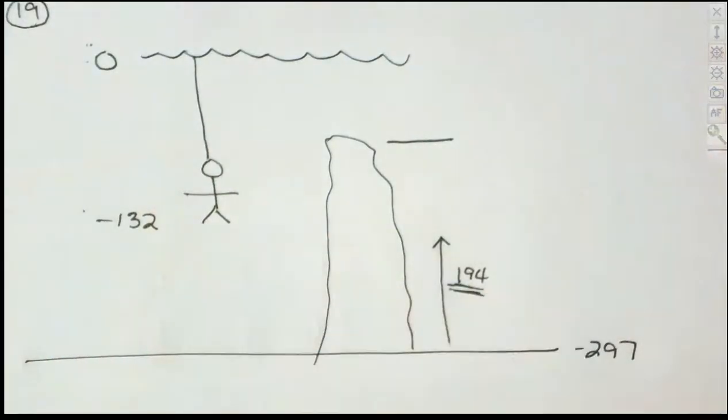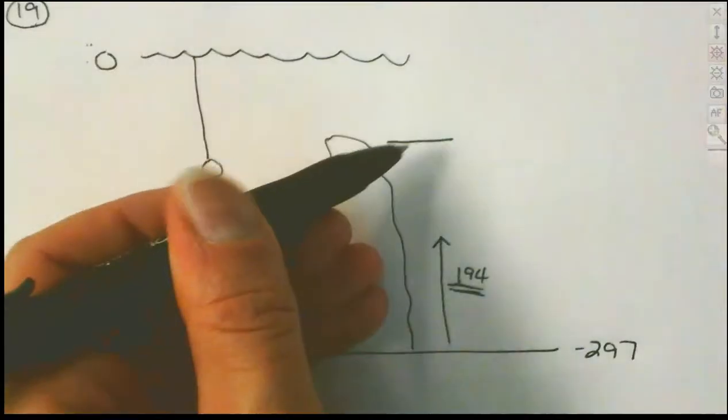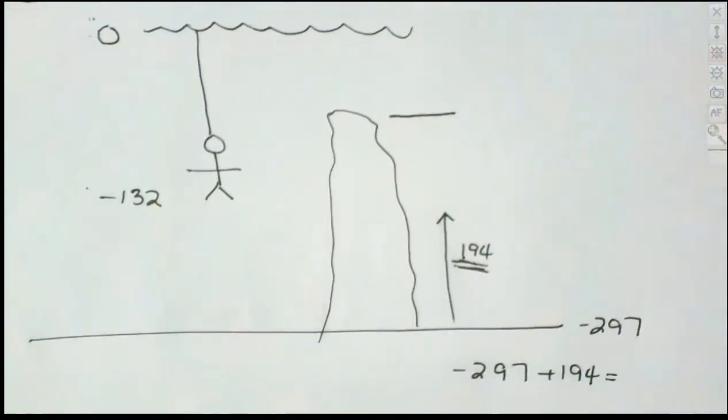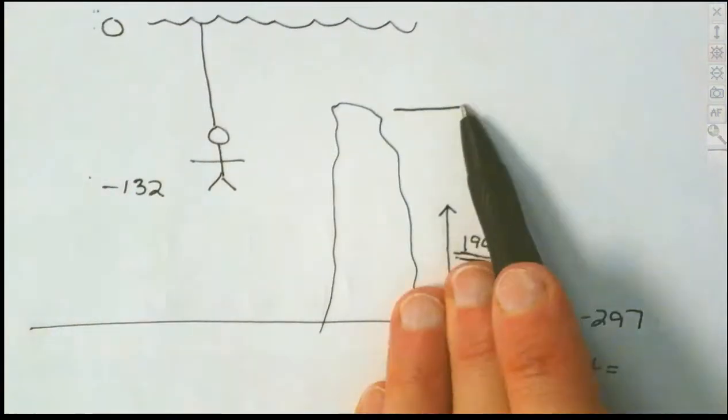So let's try to figure out where this is at. We've got minus 297 feet, and we're going to add 194 feet to that. That's going to tell us where this is at.